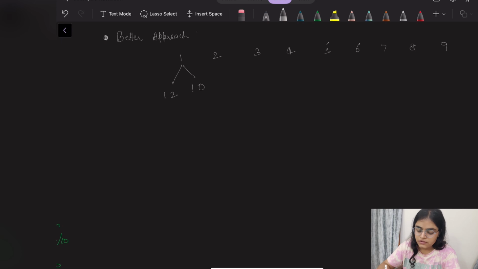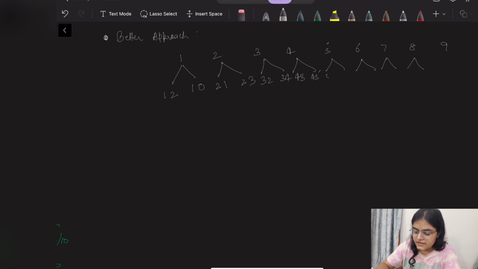10 is also a jumping number, we know it. For 2, 21 is a jumping number, and 23. So for every single digit there are 2 possibilities, right? For 3 it is 32 and 34. For 4 it is 43 and 45.